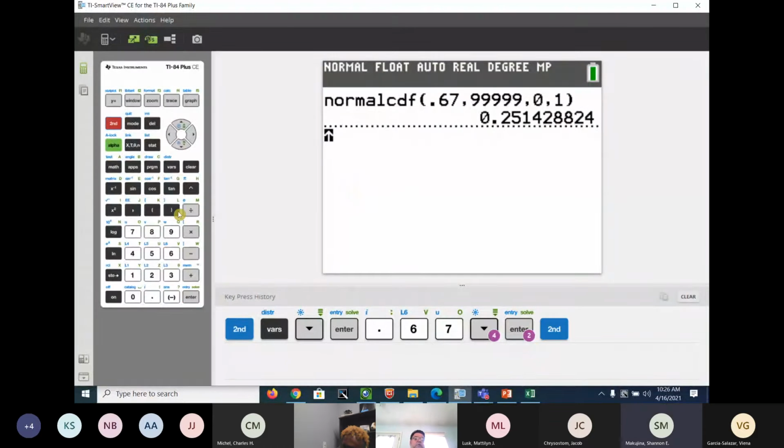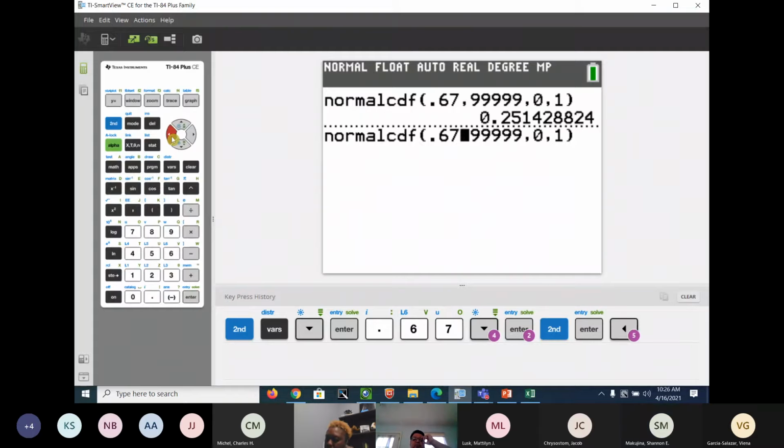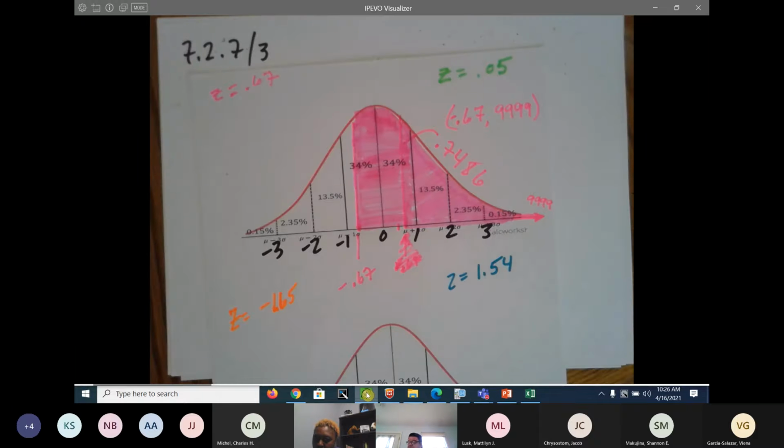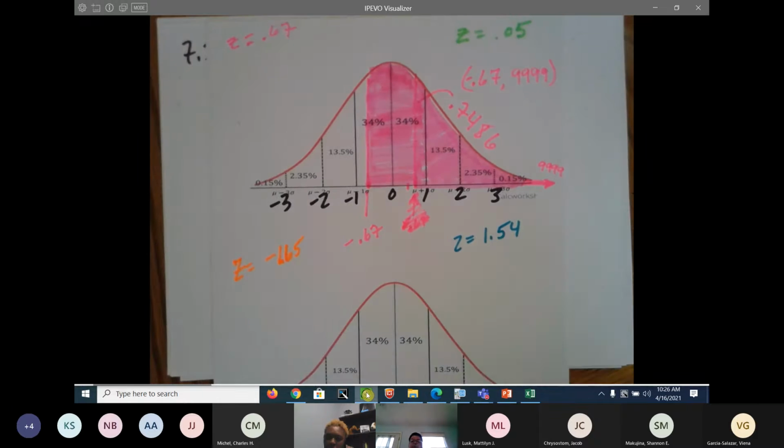Second bar, enter, and I'm going to put second insert, second delete, and put a negative in there and hit enter. 0.7486. That is the area from negative 0.67 to infinity.